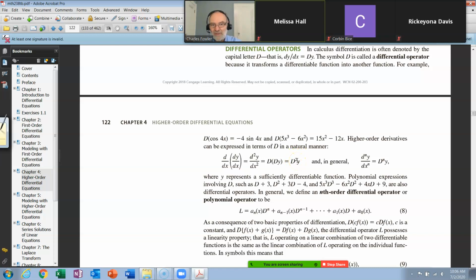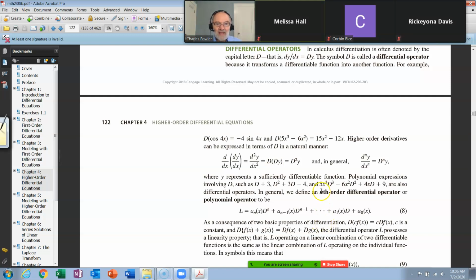That doesn't mean squared, it means operated twice. So in general, d^n y over dx to the nth is D^n y, where y represents a sufficiently differentiable function. It has to be a function that you can differentiate at least n times.